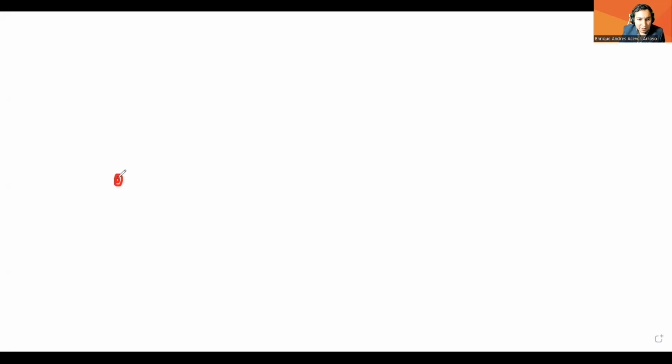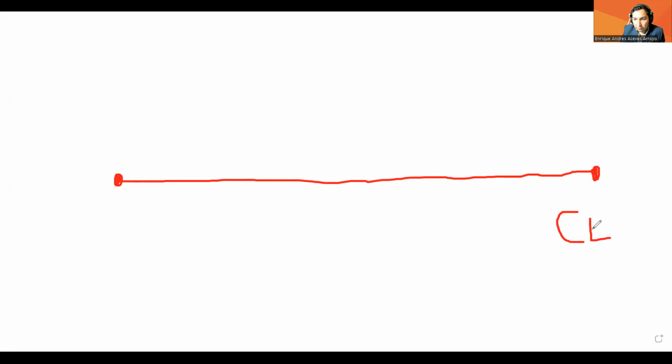So imagine that you have in here a line drawing for all the CEOs around the world. Okay, this is the CEO of Apple, and this is the CEO of the pizza place nearby on the street.